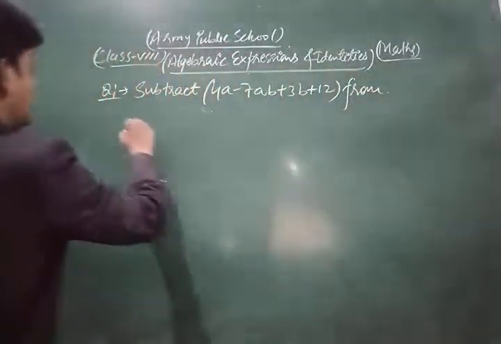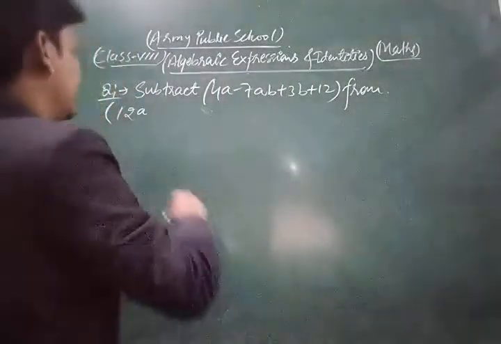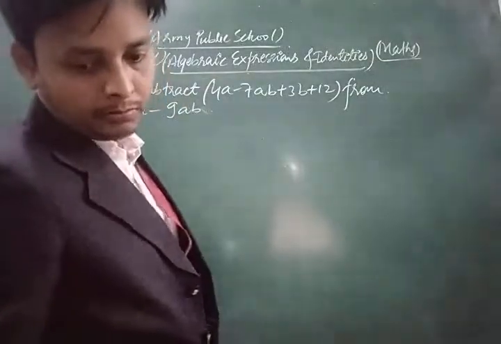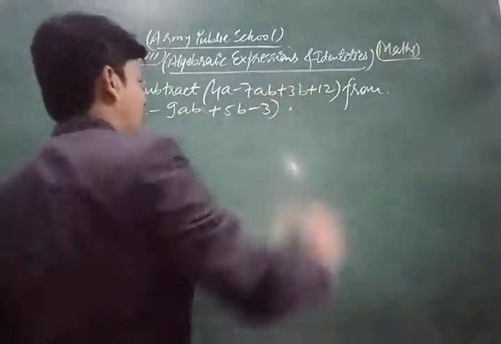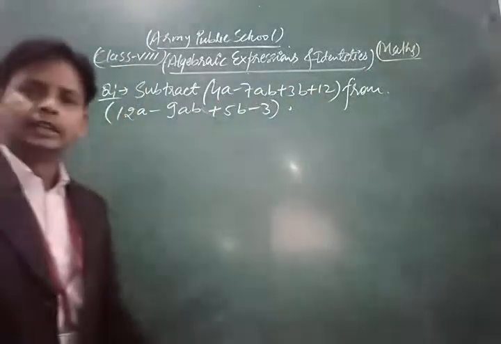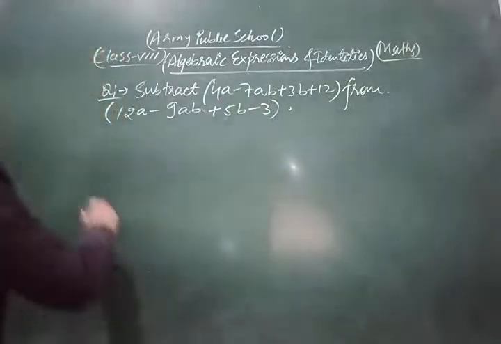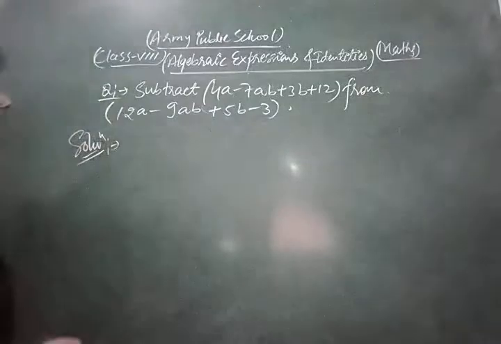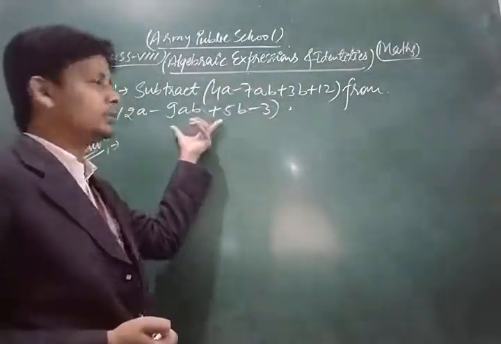12a minus 9ab plus 5b minus 3. This is a very important question. Let's see its solution. Dear friends, we subtract the first expression from the second.